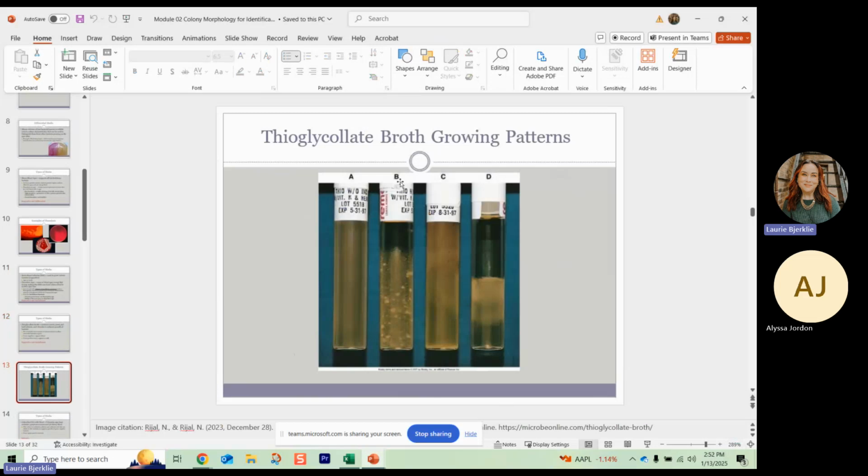Here you can see letter B is trying to show you those cloudy little, they look chunky, but if you think of it as cloudy little balls, that is telling you maybe that's a gram-positive cocci. It is not picture perfect by any means, but it's a good indicator. You would of course just realize, oh, something grew in here and you're going to play with it, but that's just showing it. Whereas C is showing you the cloudy, so the cloudy there.